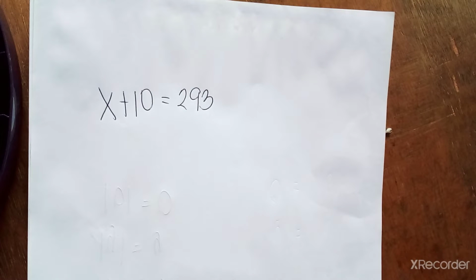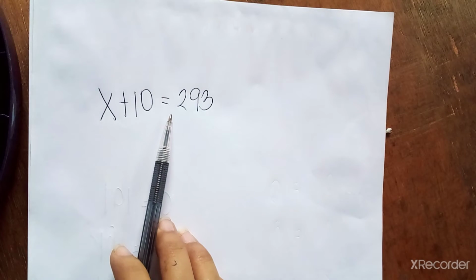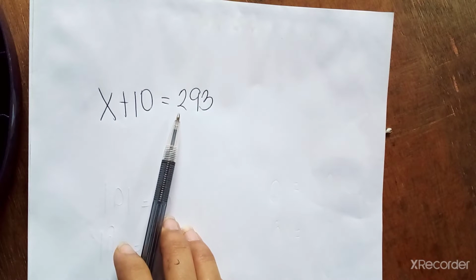Okay, we now know what absolute value does. But if that's a new concept to you, then practice it well. To reach the level of standard, we have to move on. First, let's look at a simple equation and solve it. We have x plus 10 equals 293.